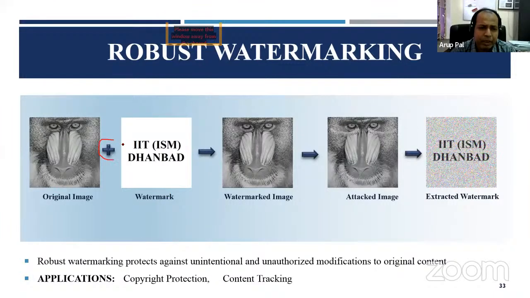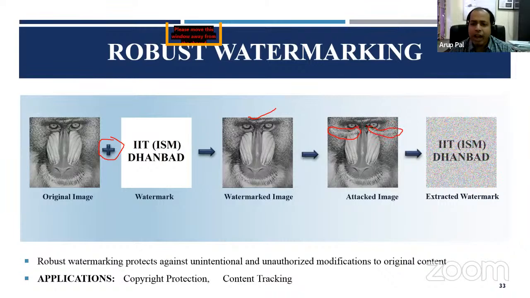The plus means you are doing the embedding process, and you get such content. From human visual perception, it is quite difficult to guess that some content is hidden in it. Now I have done some kind of modification. The modification is like this. Here I have done this modification.